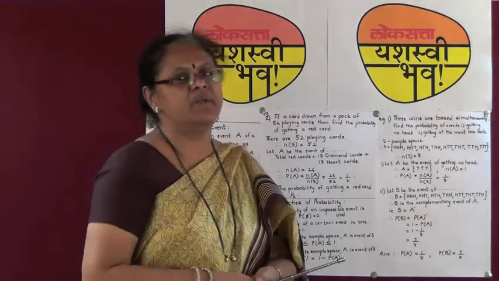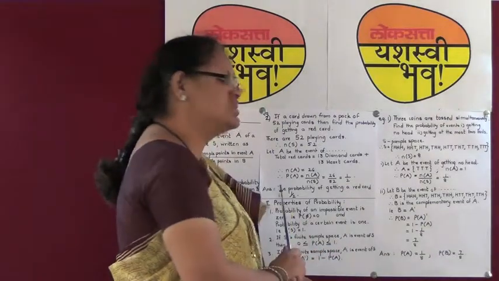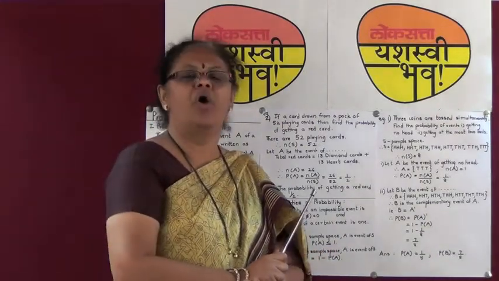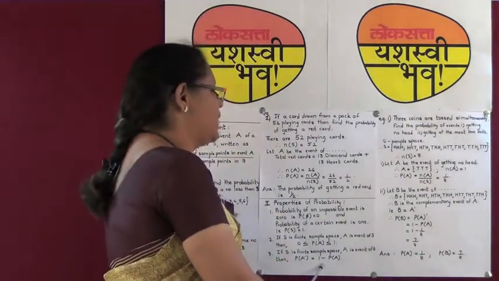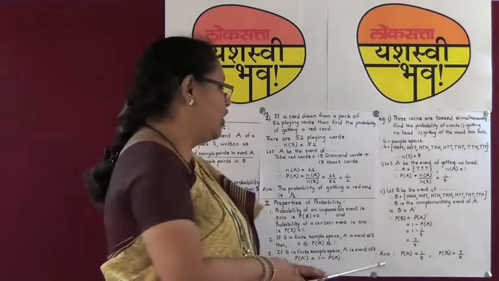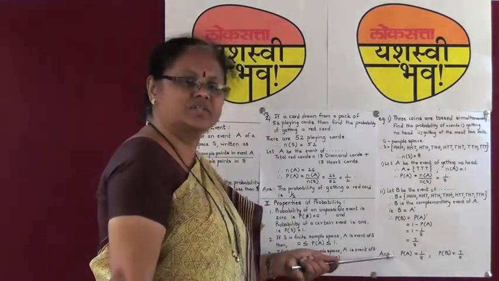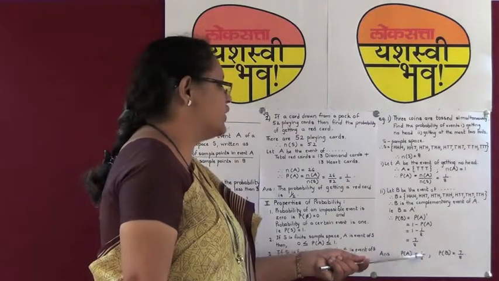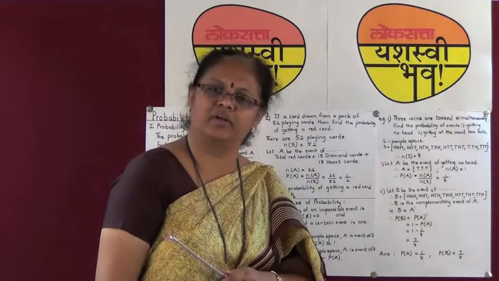When we solve it arithmetically, we get the value as 7 upon 8. And hence we say the probability of event B using the third property of probability is 7 upon 8. Once again, do not forget to write your final answer since there are two events. Probability of event A is 1 upon 8 and probability of event B is 7 upon 8.